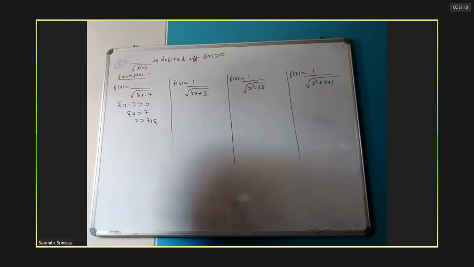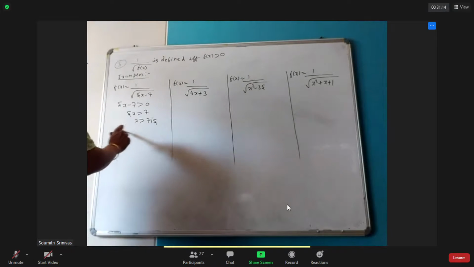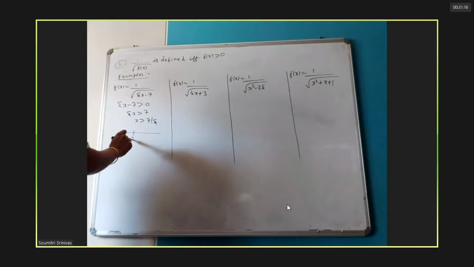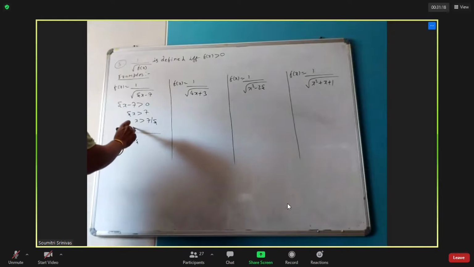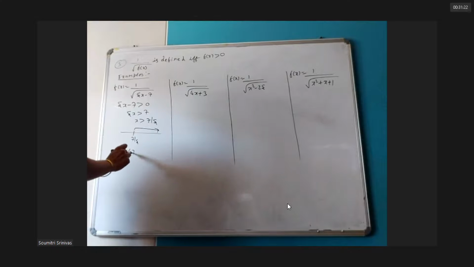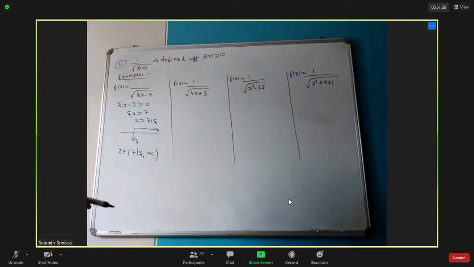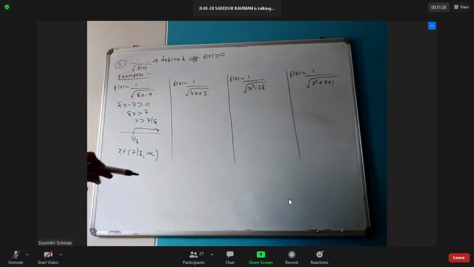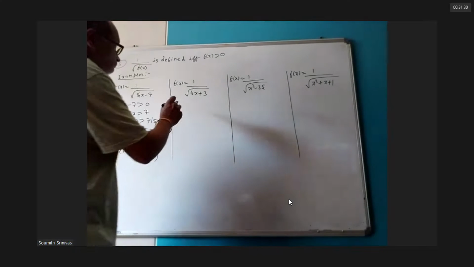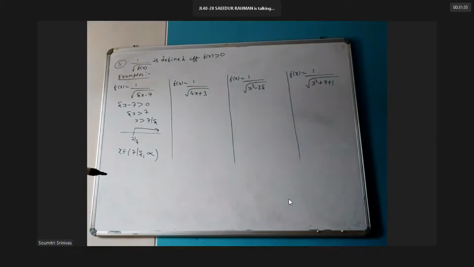Answer: you are going to the right of 7 by 5 till infinity. So x belongs to 7 by 5 comma infinity. Next one: minus 3 by 4 comma infinity.